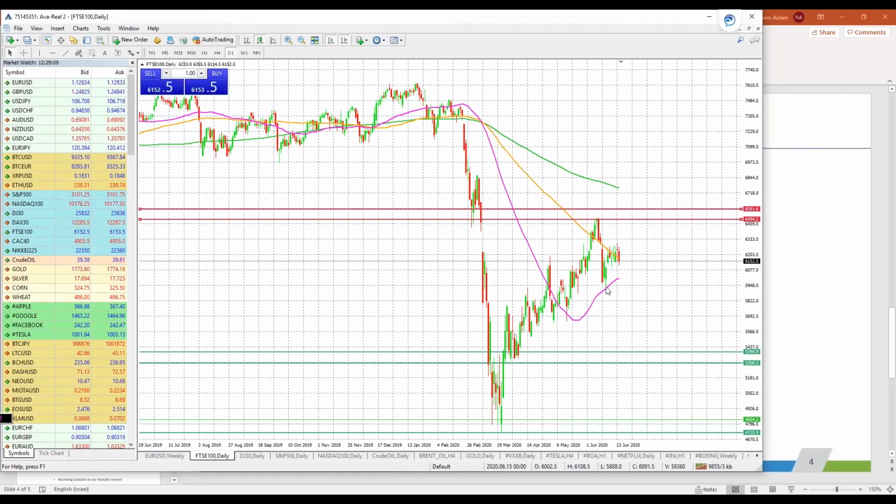Given the price already pierced this 50-day moving average here but closed above it towards the end of the day, I think it is likely for the price to break below that. So again, be very careful with respect to the FTSE 100 index, because I think the price action is very much bearish.